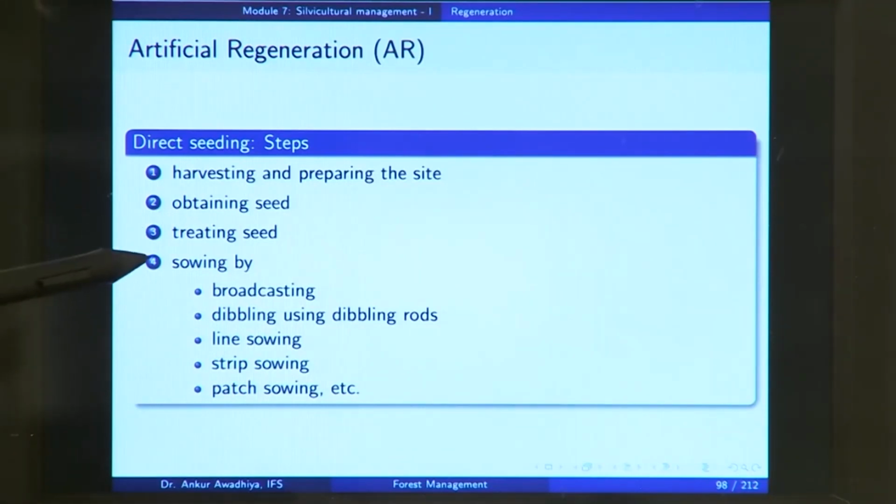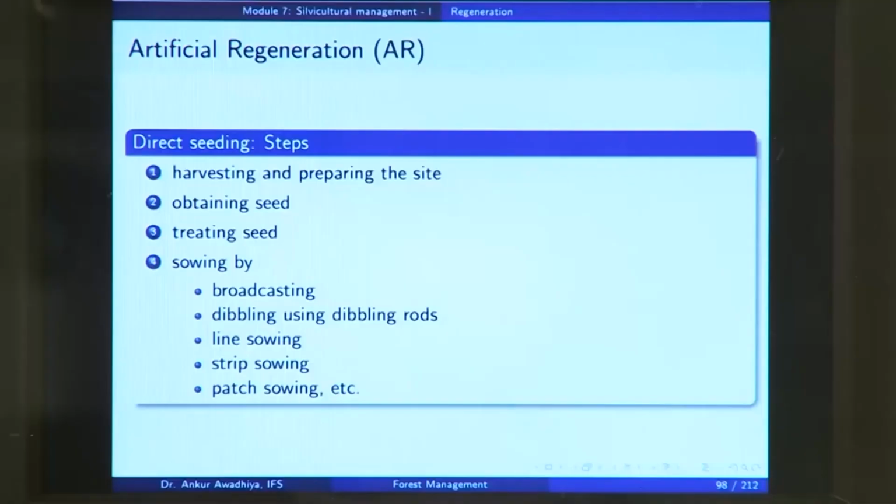Then you perform sowing. Now, this sowing can be through broadcasting. What is broadcasting? In the case of broadcasting, you just take your seeds and spread them out. You just throw them into the area, and when you throw those seeds, they get dispersed, and that is sowing by broadcasting. Next, you have sowing by dibbling using dibbling rods.